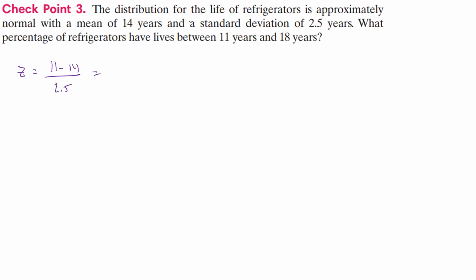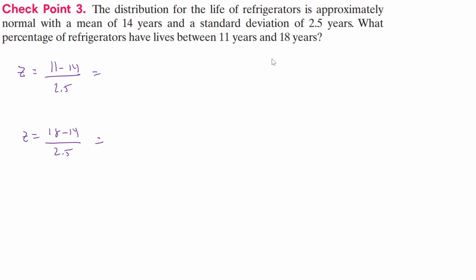Before we go to the calculator, let's also look at the other one: z equals 18 minus 14 over 2.5.